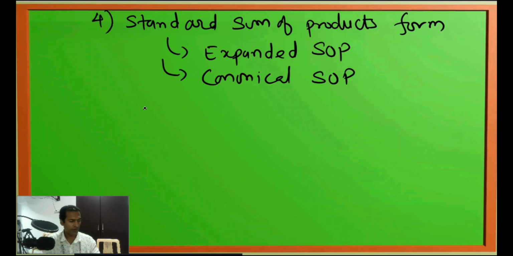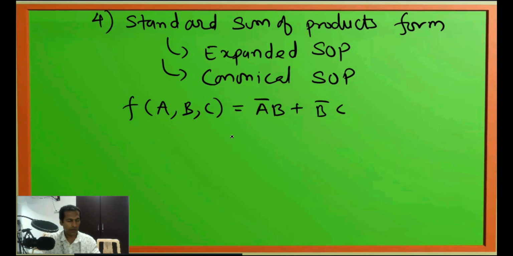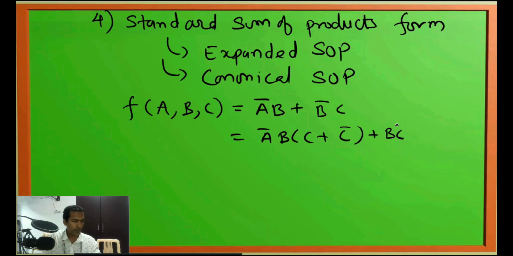So how will it be: f of, say, it is function of ABC. So here our normal sum of product is A bar B plus B bar C. So we can expand it to A bar B (C plus C bar) plus B bar C (A plus A bar).